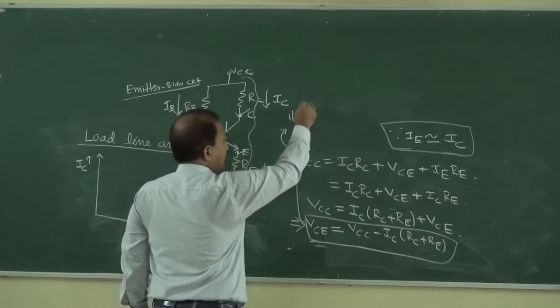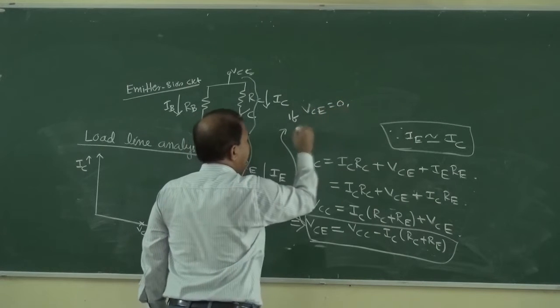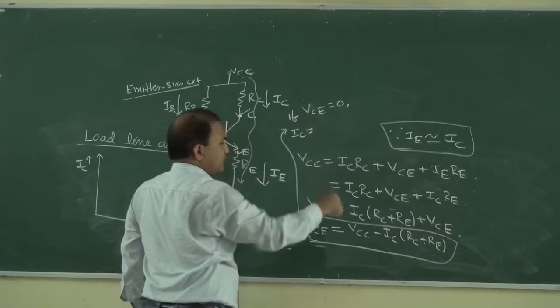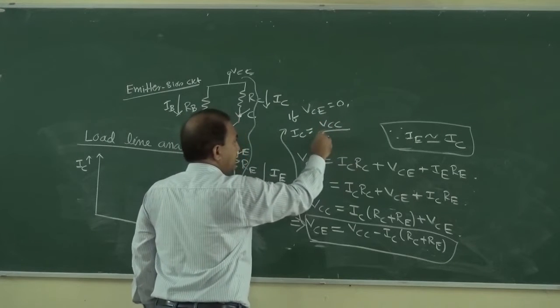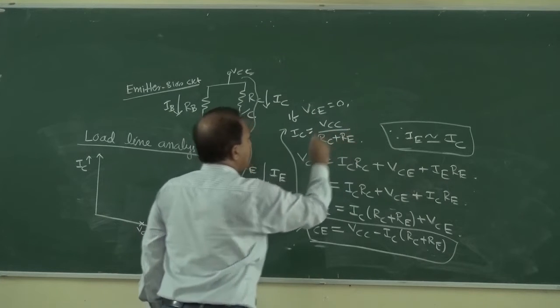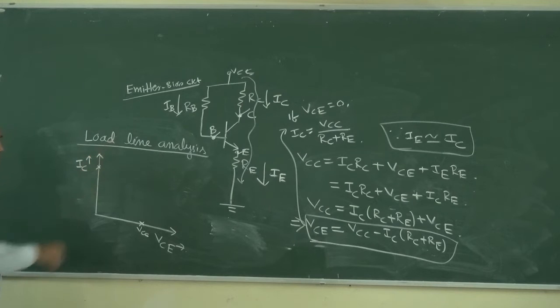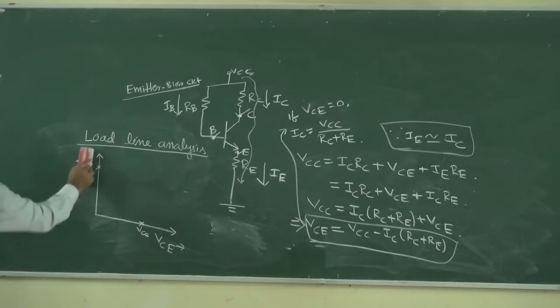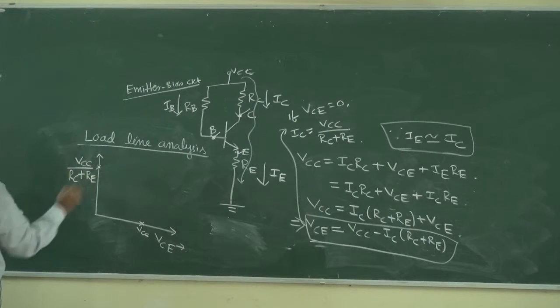If VCE is equal to 0, then IC is equal to VCC divided by RC plus RE. So this point is VCC divided by RC plus RE.